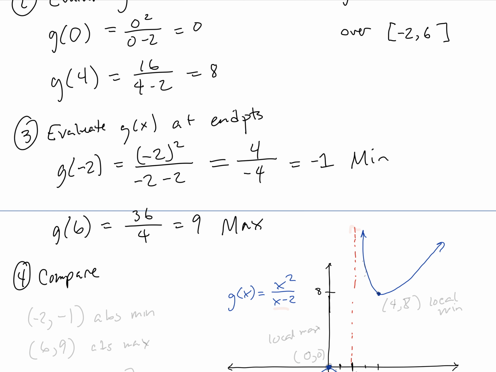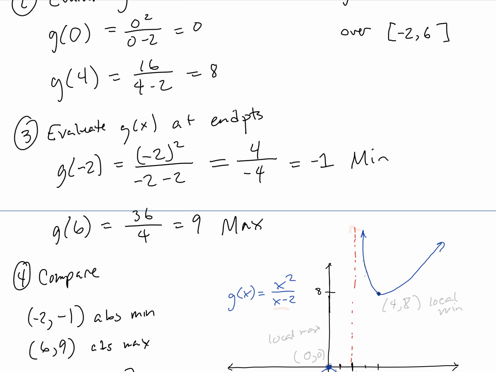It so happens that over this interval, the endpoints give us our maximum and minimum. So that means that negative 2 comma negative 1 is our absolute min, and 6 comma 9 is our absolute max, and that's over the interval from negative 2 up to positive 6 for this function.